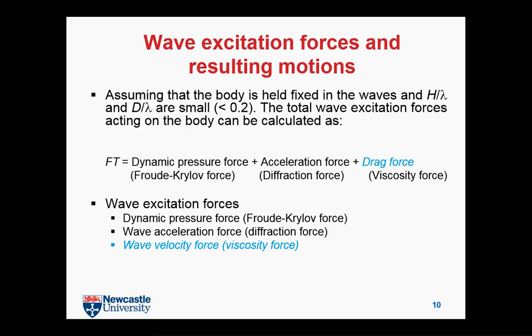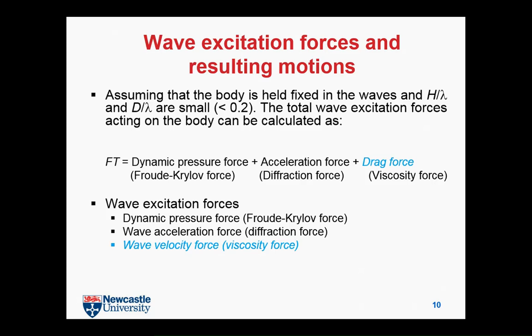Assuming that the wave height over lambda is small, do we need to consider this also when we're calculating? Not in this module. To make sure you can do the calculations in this module, in every example they meet the criteria there, lower than 0.2, I think.